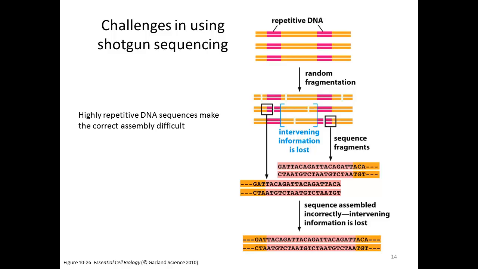But when you're overlapping the sequences, you run into trouble with repetitive DNA. As you might recall, over 50% of the genome is repetitive DNA sequences. So if you have DNA repeats here, one of these sequences, GATT, is at the very end over here, and here you see GATT again.